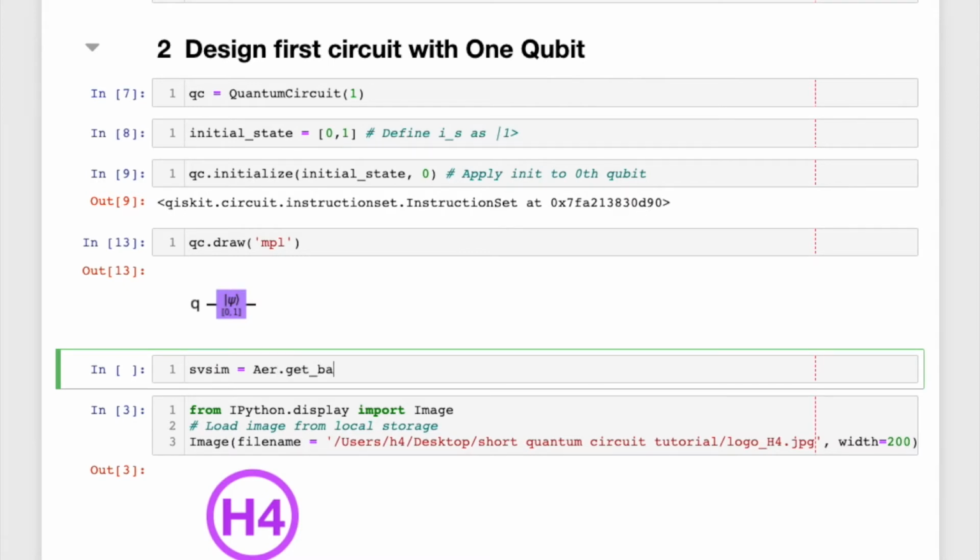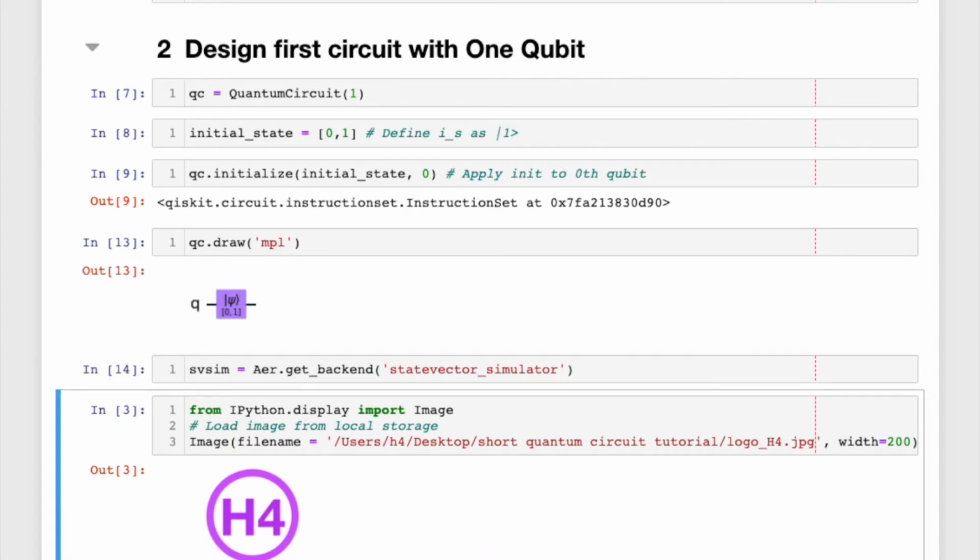So we can get the backend Aer, and we say we need the state vector simulator. As I said, this backend is just a way to compute the tensorial products behind the calculations.